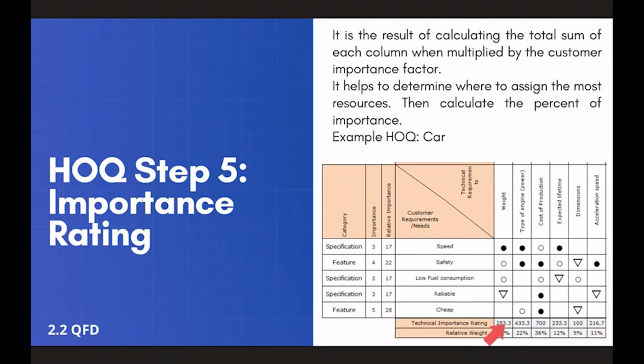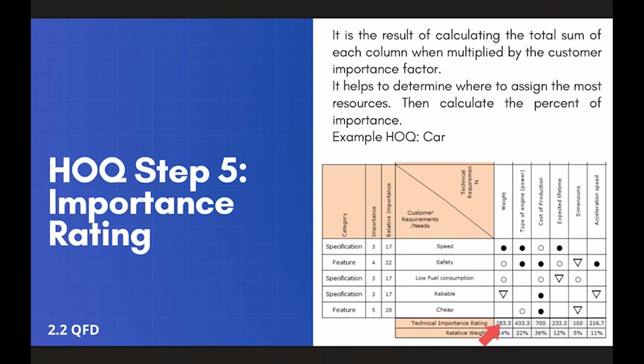But it is just okay. We just want to find the value of technical importance rating, and then the relative weightage. So how can we find the relative weightage? First we need to sum all of these values of technical importance ratings.